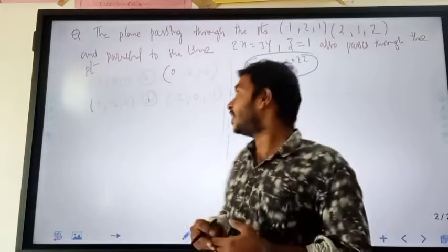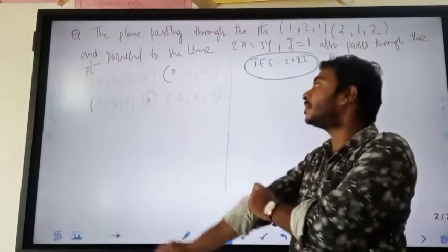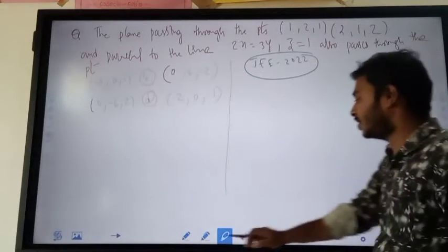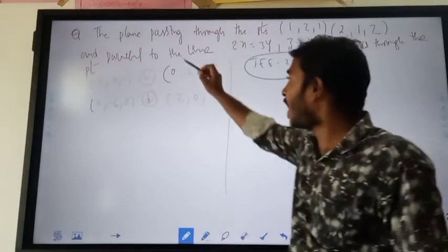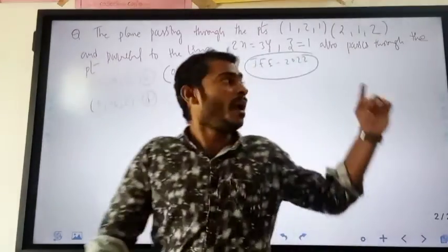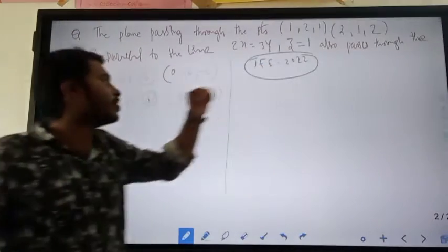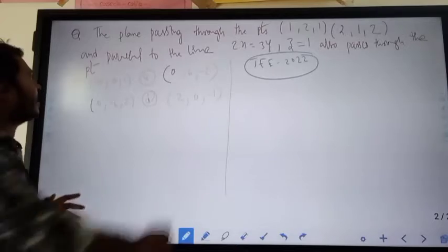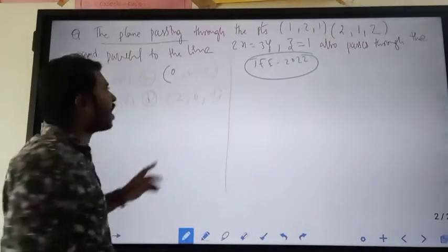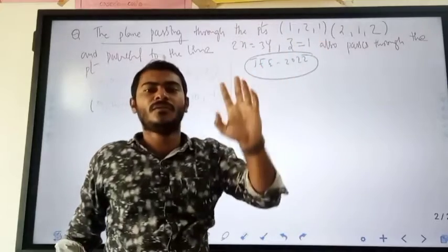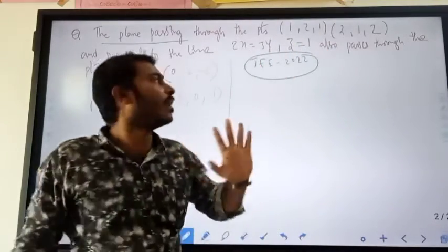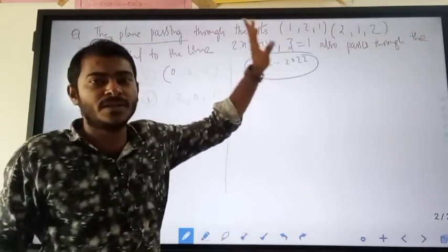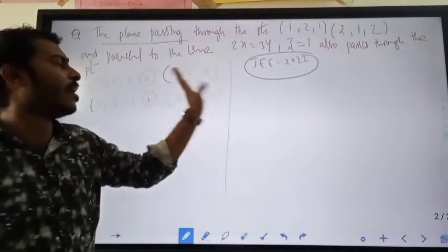Now, for example, we have a question: the plane passing through the points (1, 2, 1) and (2, 1, 2), parallel to the line 2x = 3y, z = 1, and also passes through a point. They clearly mention the plane is passing through two points and is parallel to the line 2x = 3y and z = 1.